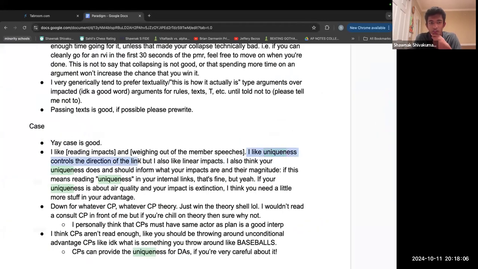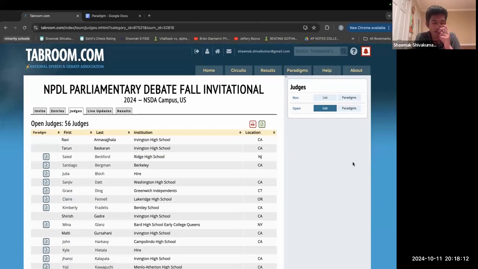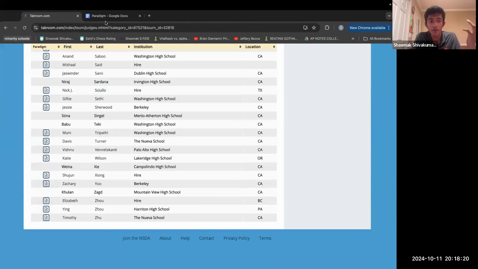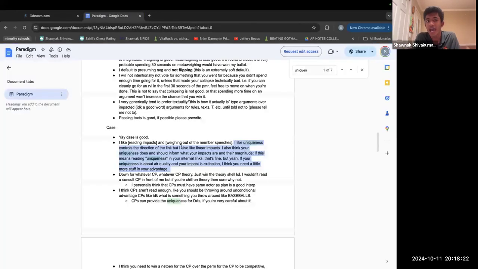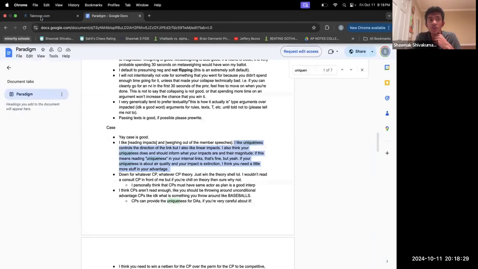I like the controls, the direction of the link, et cetera. So if you have this judge, and by the way, don't worry, Sophia and Laura, because you're going to be a novice and most judges don't care. But, like, in general, if you're an open, you want to adapt to your judges and their paradigm. If they say, I like uniqueness, I like impacts, or if they're just generally a tech judge, you want to follow.